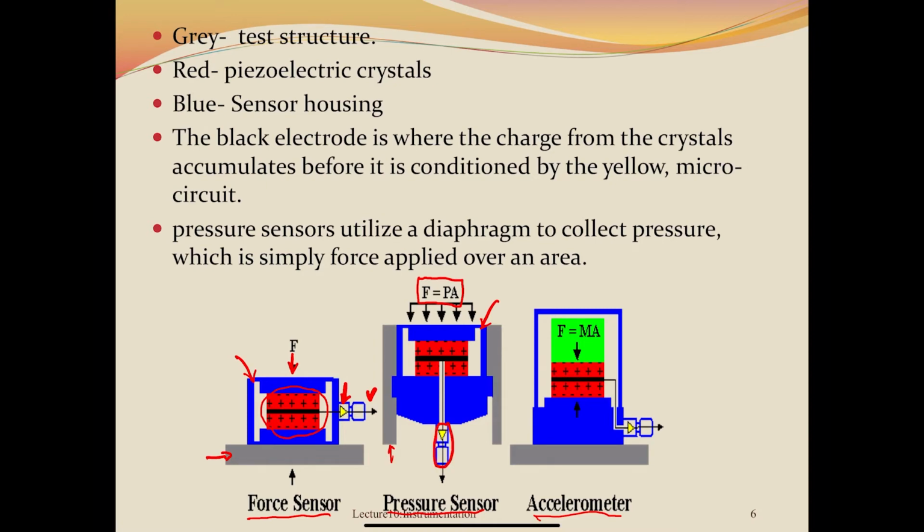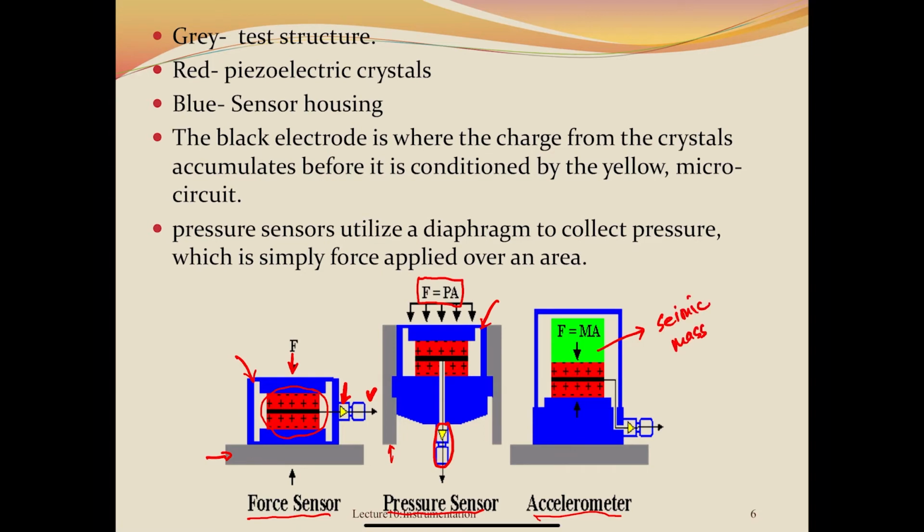The last one here is the accelerometer. The accelerometer is used to measure acceleration or vibration. In order to convert acceleration into force, we need to have the seismic mass here, which is the green block.